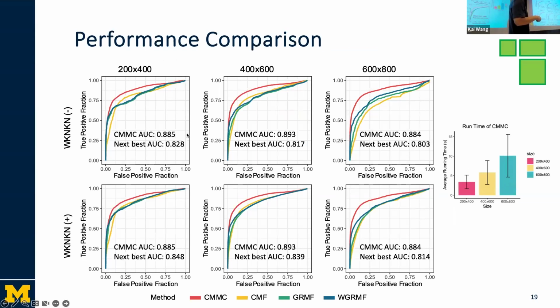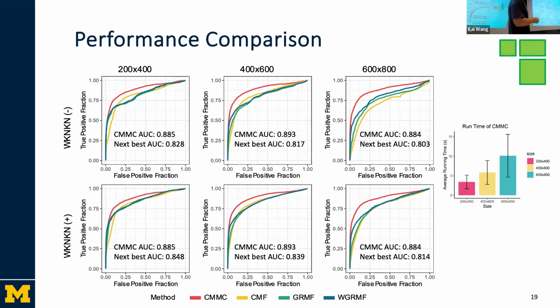Here, for the performance comparison, we generated 3 different sizes of the matrix: 200 by 400, 400 by 600, and 600 by 800. The first 3 rows are the other 3 methods without WKNKN, and here are the ones with WKNKN.